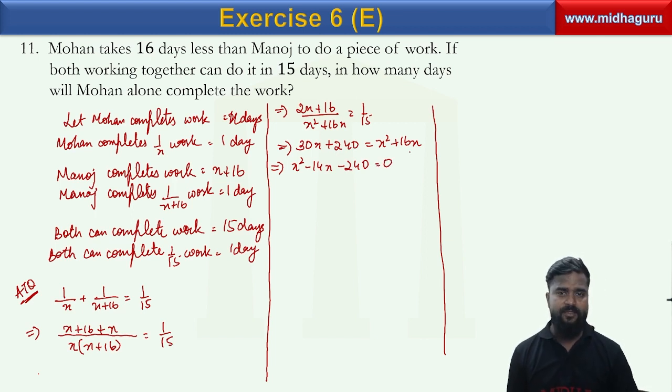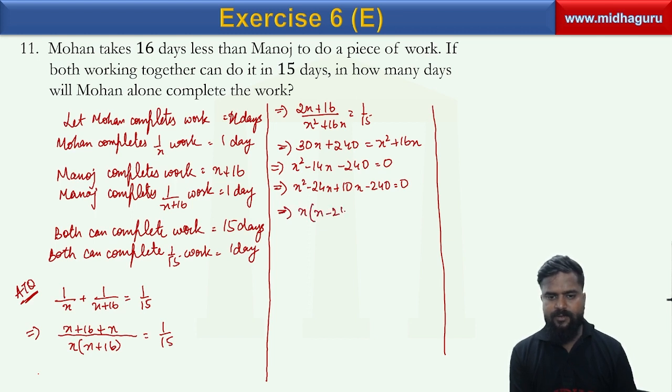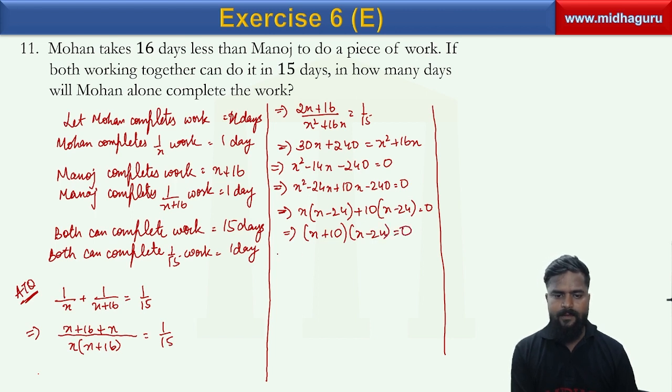So we need to split minus 14 such that the coefficients add up to minus 14 and produce minus 240. So x square minus 24x plus 10x minus 240 is equal to 0, which means x into x minus 24 plus 10 into x minus 24 is equal to 0, which implies x plus 10 into x minus 24 is equal to 0.